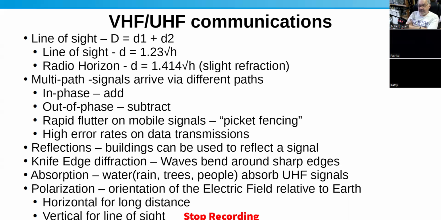We also have to consider polarization of the signal. And if you recall, we defined polarization as the orientation of the electric field relative to the surface of the Earth. So if you have your antenna, say your handy-talkie, and you turn it sideways, then the electric field that it's producing is going to be horizontal relative to the Earth.